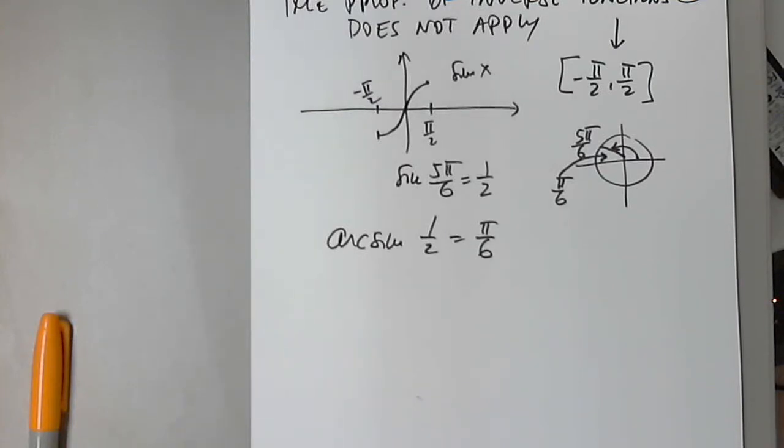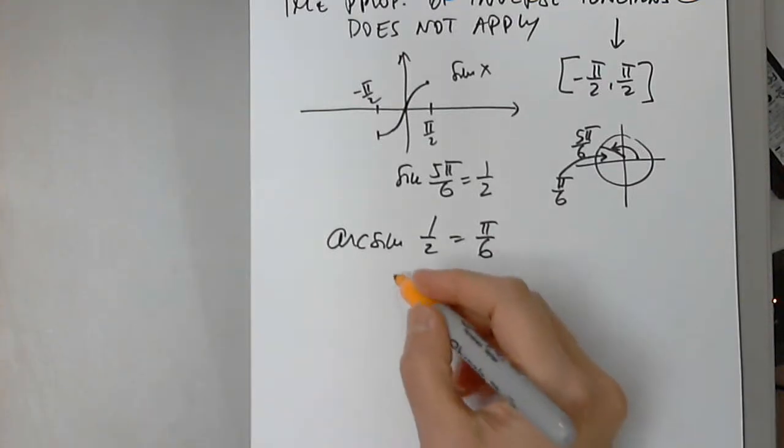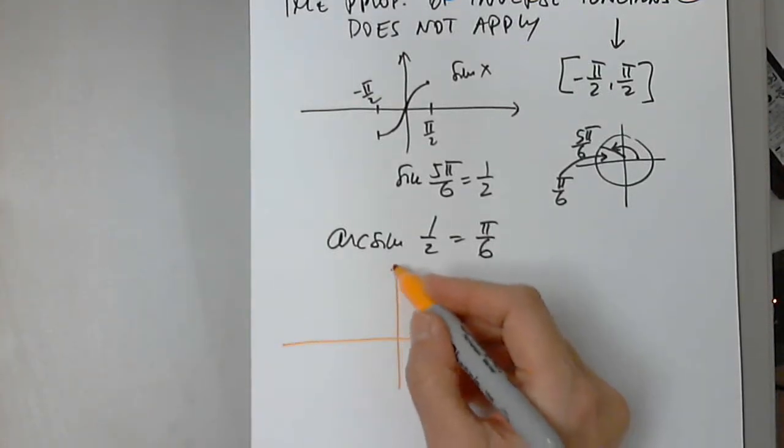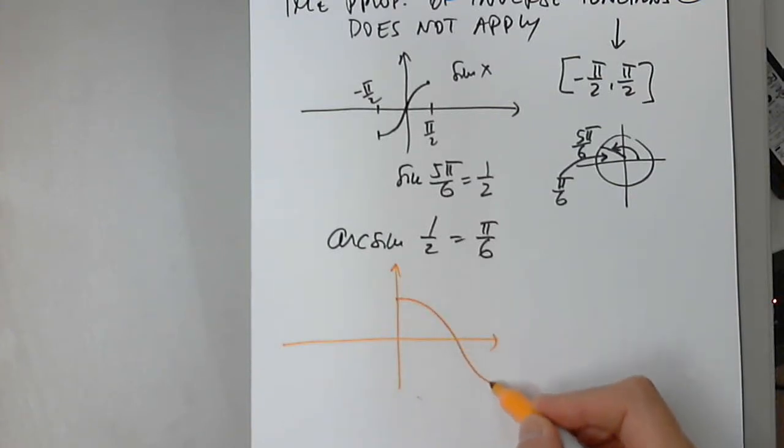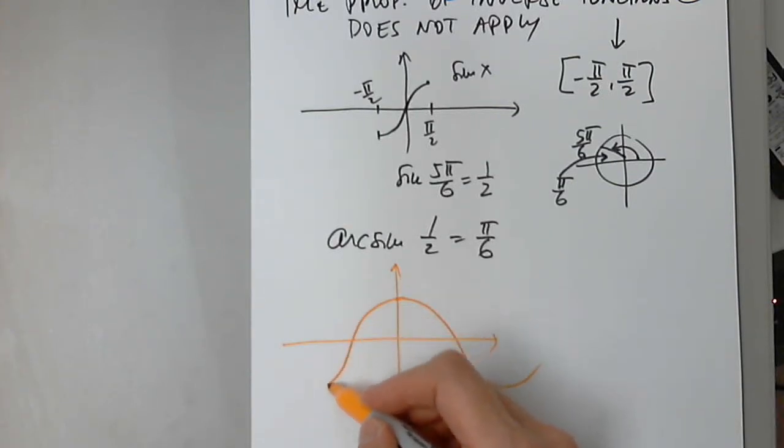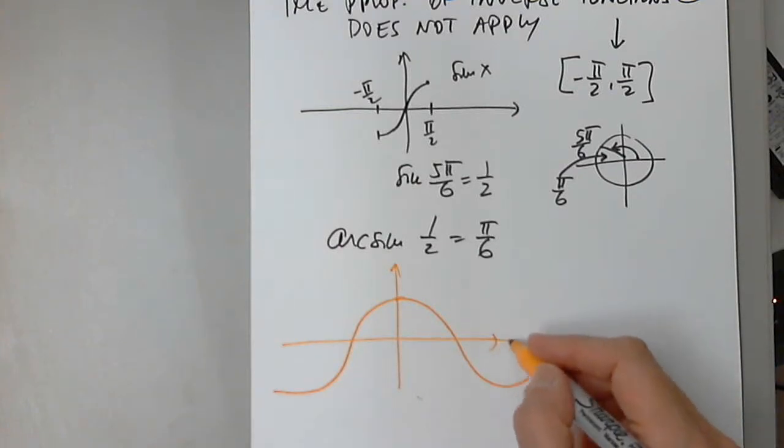This was a long one, right? Yes, please. For the inverse cosine, is it 0 to pi? Yes. Because the graph of cosine is this.